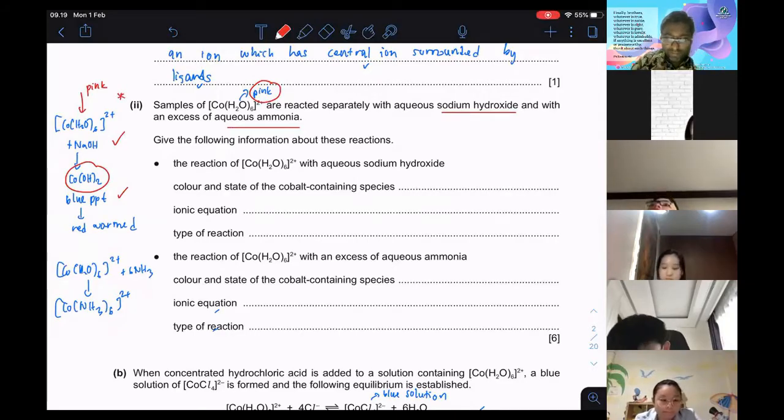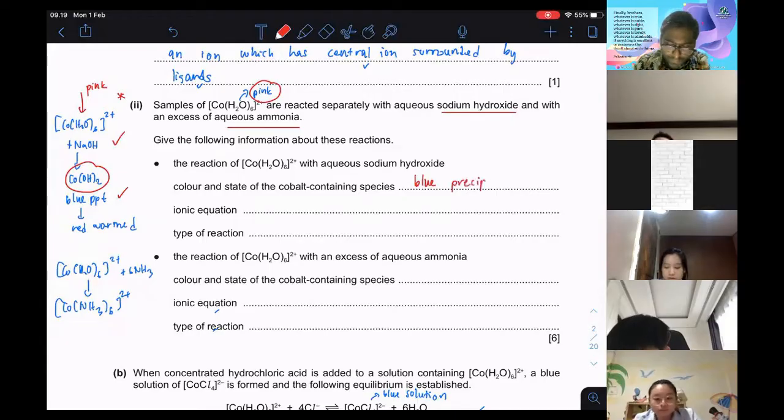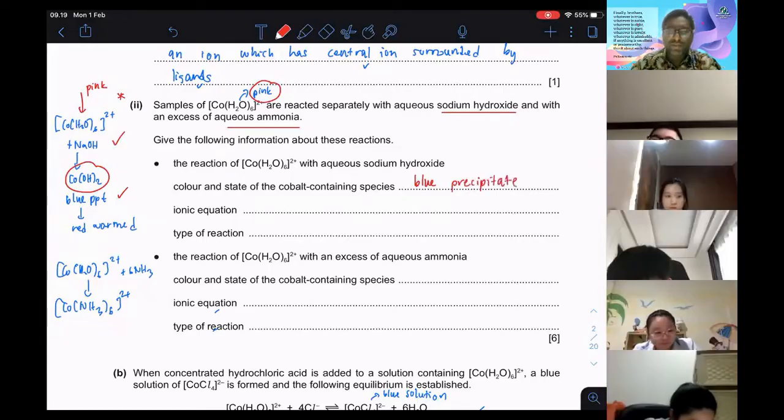But to answer the question over here, the reaction with aqueous sodium hydroxide: state the color and the state of the cobalt-containing species. The color is going to be blue, and the state is precipitate. They want to know whether it's a blue precipitate or a blue solution.